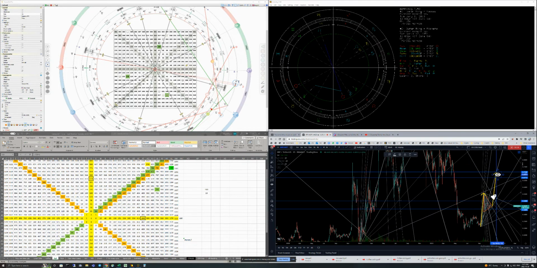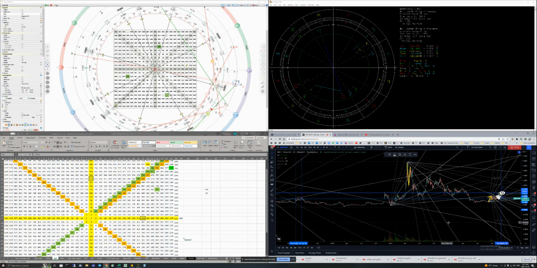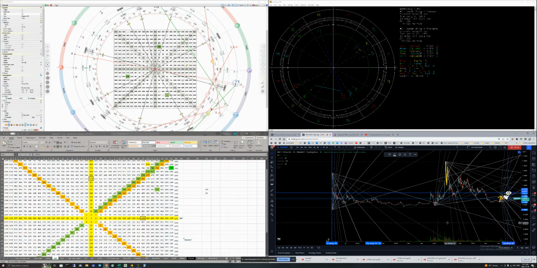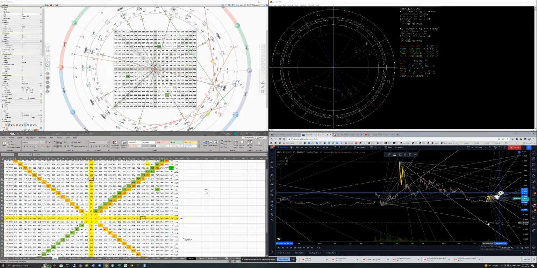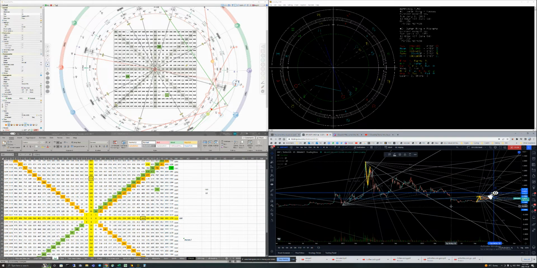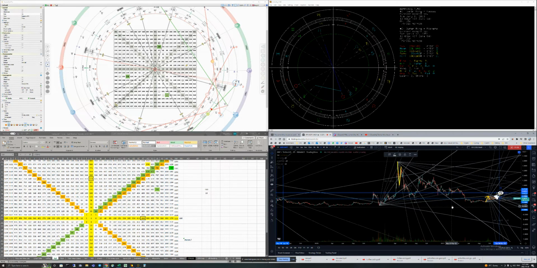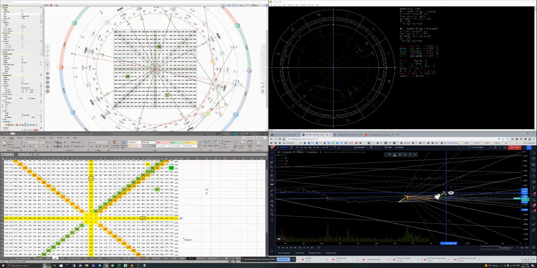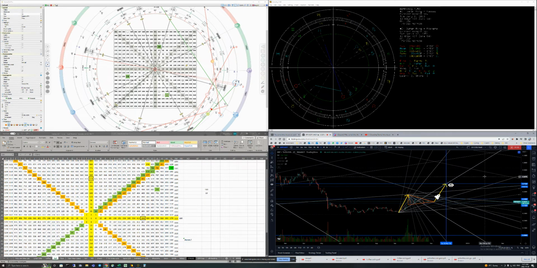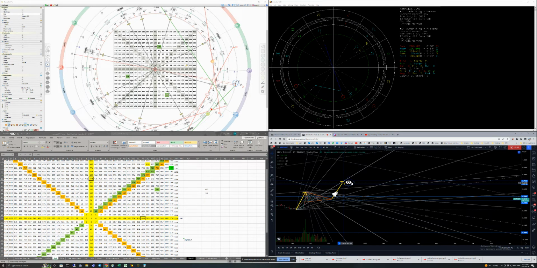Okay, and as we zoom out, you can see the spider web of time. And we can see how resonance starts to play out lines into the future. So the further out we go, the flatter these lines are, the greater amount of support of time versus price.